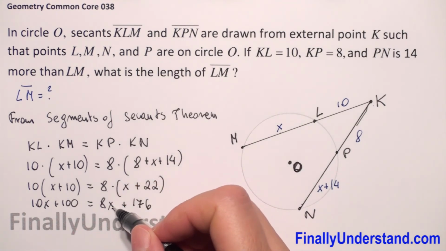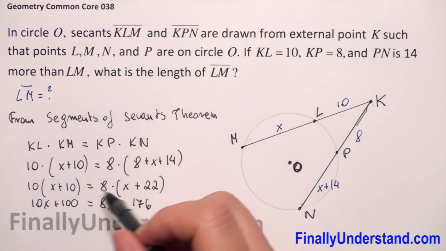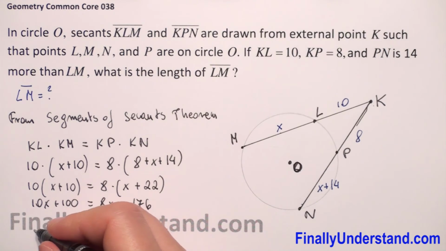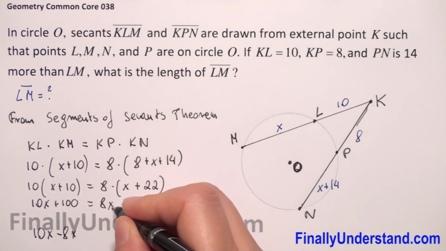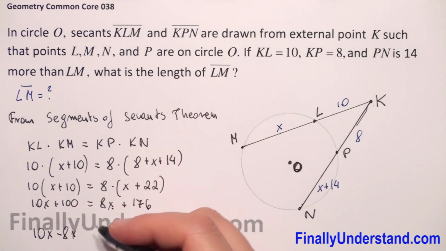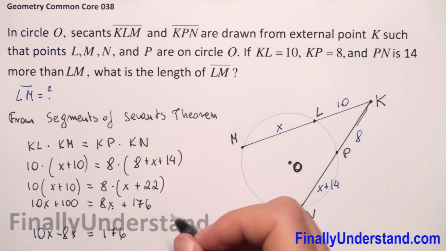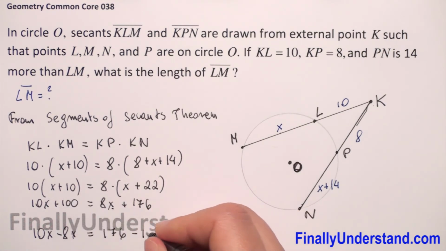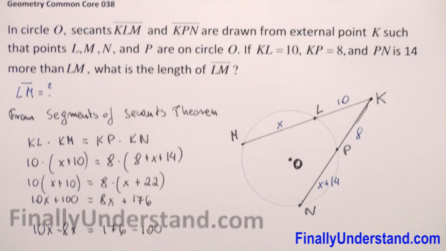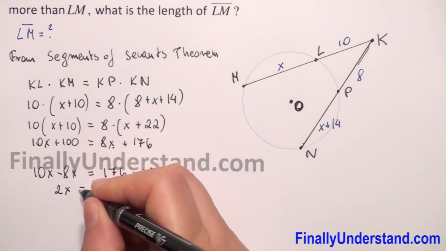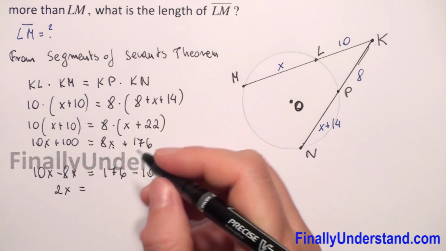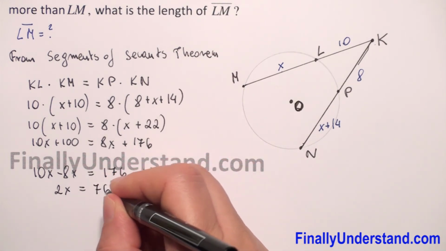Now I will move expressions with unknown to the left, so we will have 10x minus 8x, because it was positive on the right side, so now when we move to the left it will be negative. This is equal to 176. 100 we move to the right, so it will be negative 100. So we have 10 minus 8 is 2x is equal to 176 minus 100 is 76.